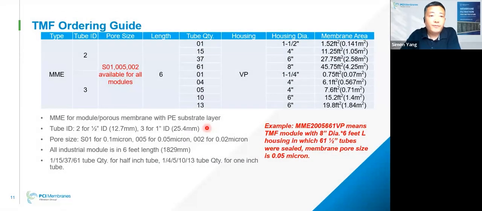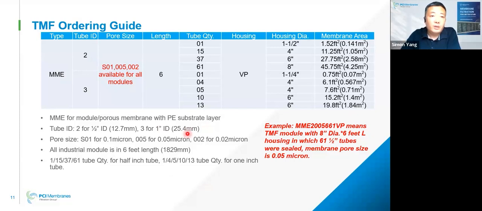Here's the TMF ordering guide. I put this slide right here because I want to tell what TMF specs are available. We can start from the tube ID right here. 2 means half-inch tube. 3 means 1-inch tube. So the tube IDs respectively are 12.7 millimeter and 25.4 millimeter.